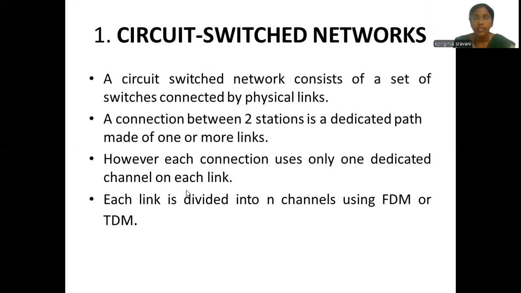Each link from source to destination, or from switch to switch, has n number of channels, similar to frequency division multiplexing and time division multiplexing. The link is divided into n channels using different multiplexing techniques.